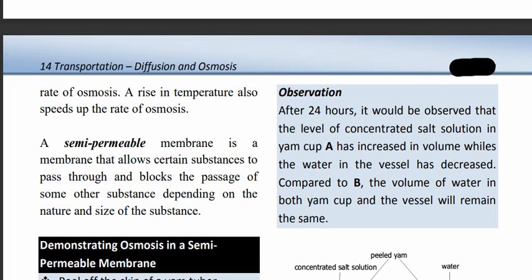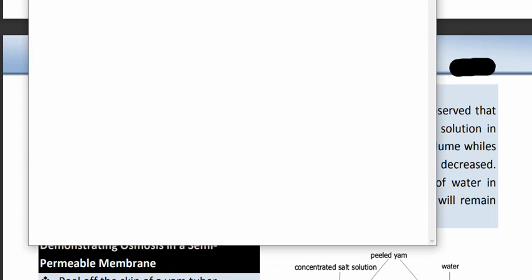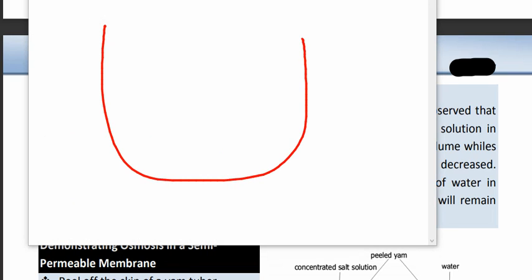Now let's look at something. So we said that osmosis is actually the movement of water molecules from a dilute solution to a more concentrated solution. We can have a beaker and then we fill it with a bit of water over here.